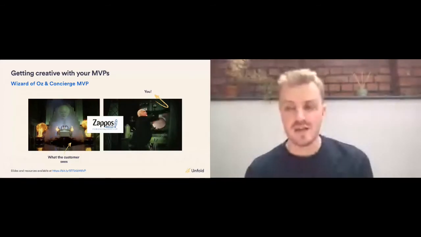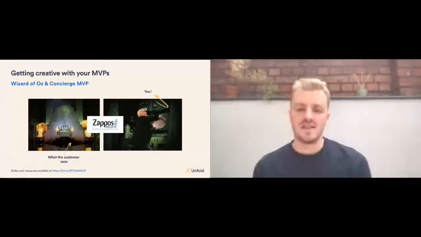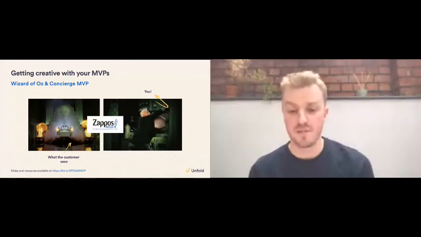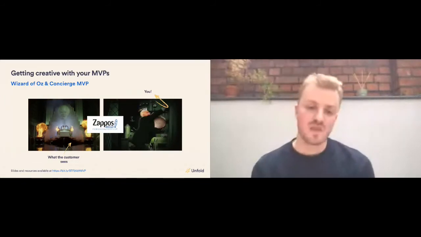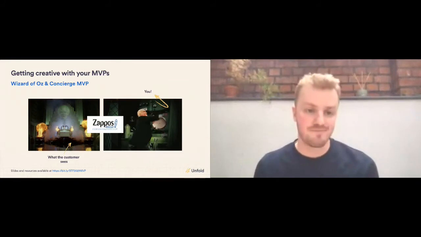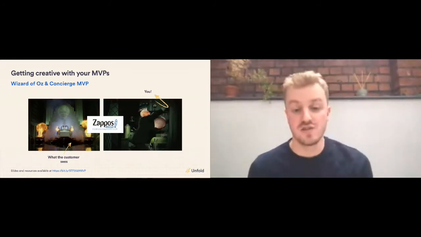But it also is potentially more open to bias, because someone knows that there's someone behind the curtain, so they can take advantage of that. So different ways of thinking about it, but something to bear in mind if you're thinking about using this kind of route.